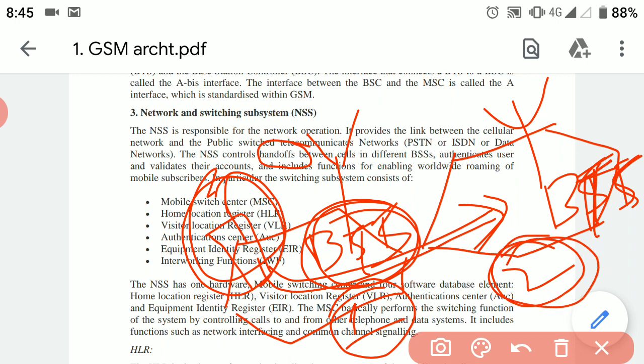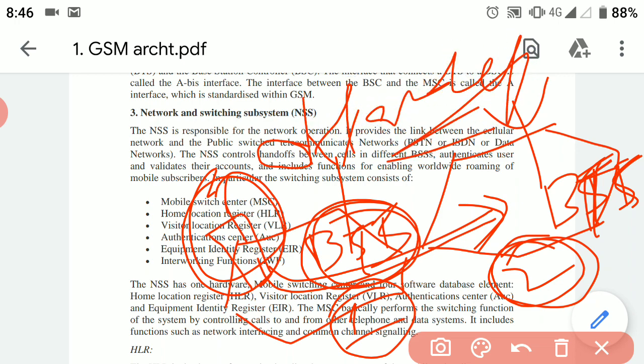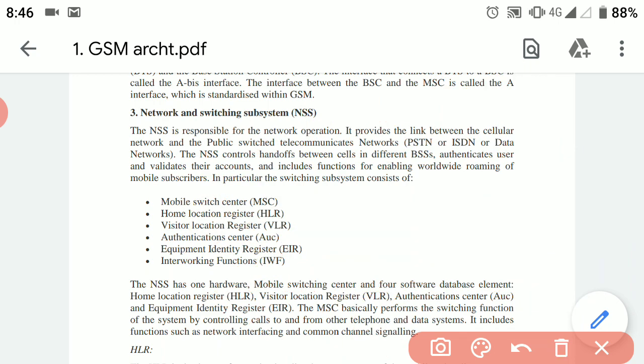This process of adopting a new frequency is called the handoff process, which is controlled by the network and switching subsystem.